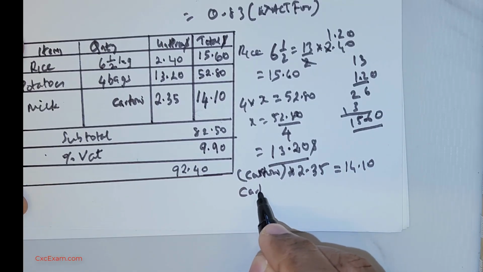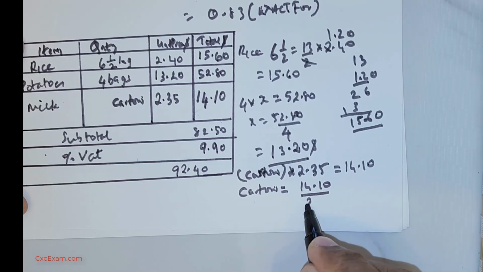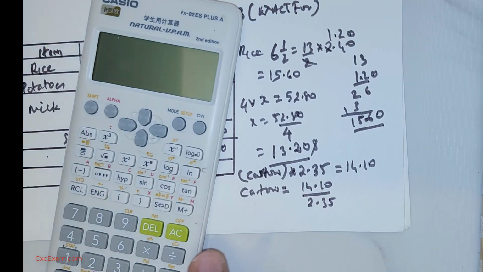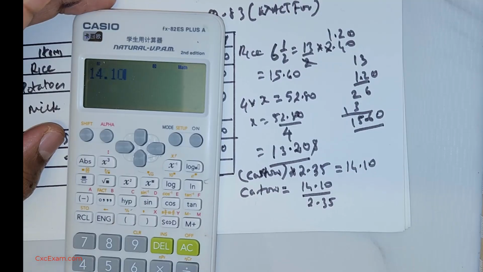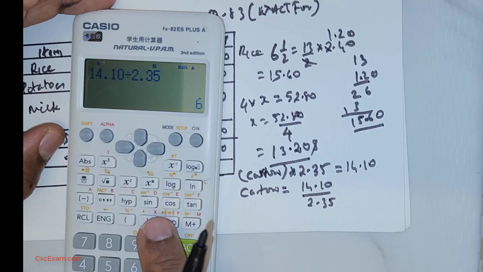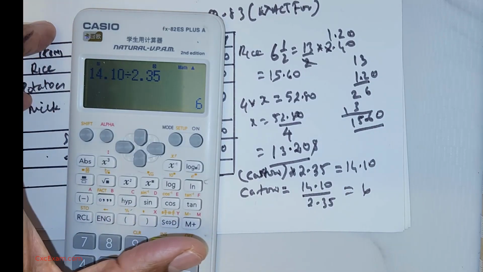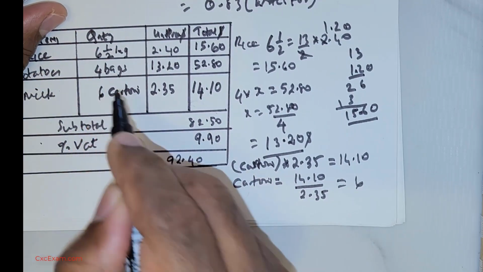So therefore the cartons is going to be 14.10 divided by 2.35. So we can actually use our calculator for this. 14.10 divided by 2.35 is going to be 6. You can clearly see there. So you have 6 cartons.